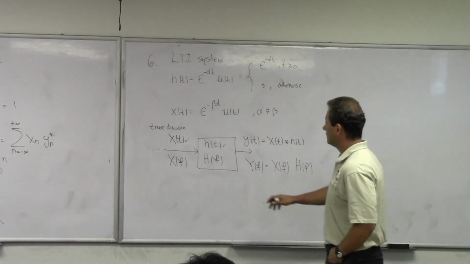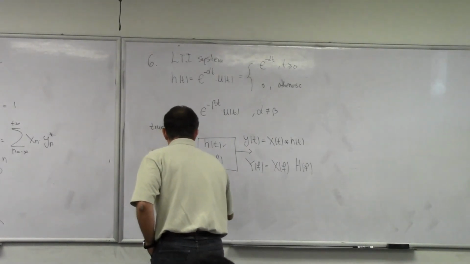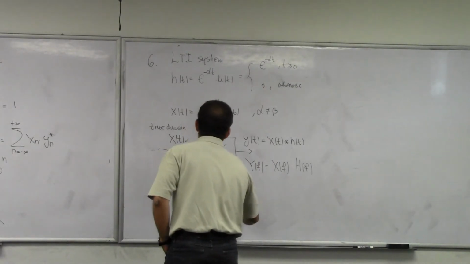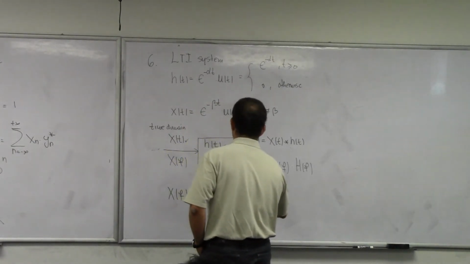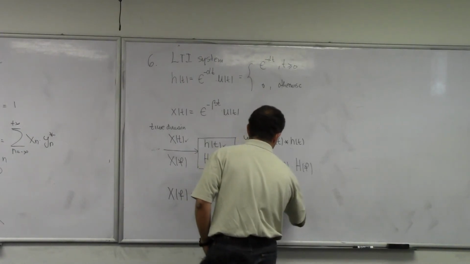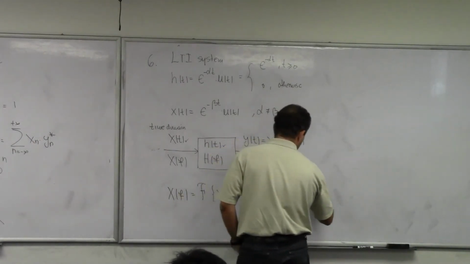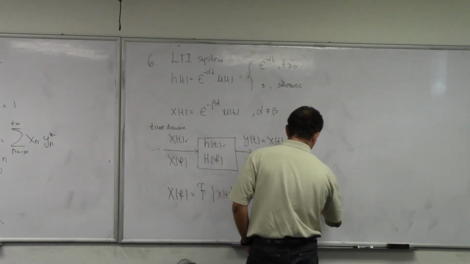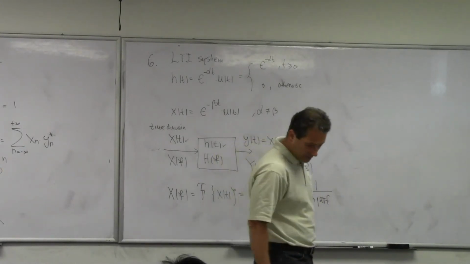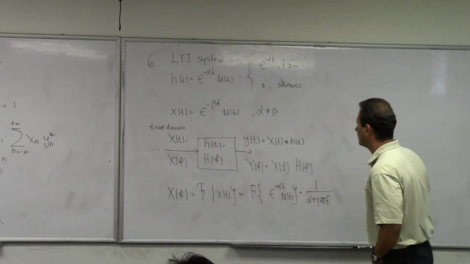Well, let's first determine the things that we need. X of f is the Fourier transform of x of t. And this is a table one, so this is the Fourier transform of e to the minus beta t, u of t. And this is, if memory serves me right, 1 over beta plus j 2 pi f. That's the Fourier transform x of f.